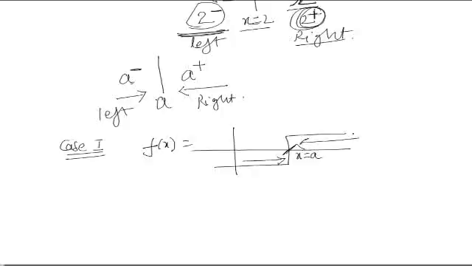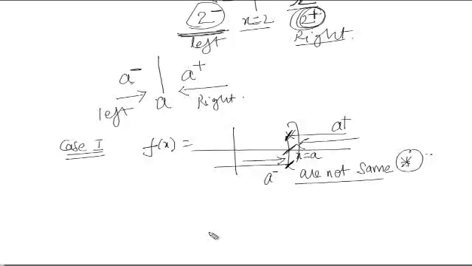When I approach from the a plus side, I hit this value, and when I approach from the a minus side, I am hitting this value. Observe that these two values are not the same. Please observe this. This is very important.